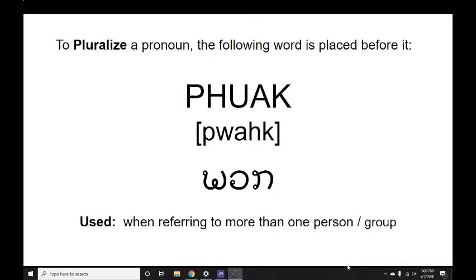Okay? So, as it was said to me, think of this puak as many. Okay? So, many of me, or many of you, many of he, or many of she. And then when we're thinking of many, we'll use the word that refers to the plural form of that reference.